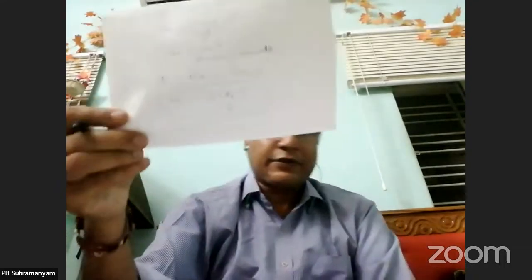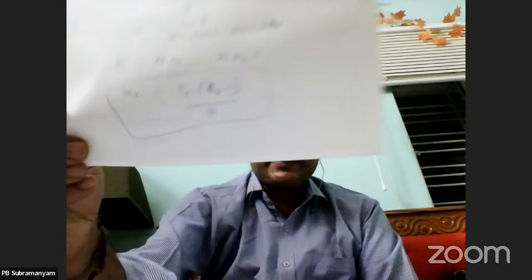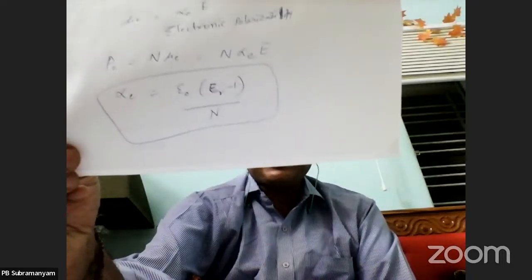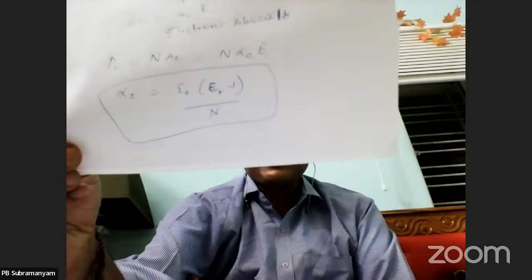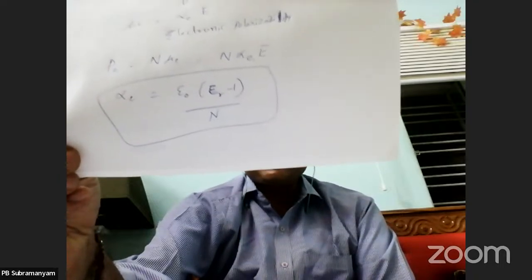After substitution and equating, finally you'll get alpha e is given by epsilon naught times (epsilon r minus 1) by N. This is the complete derivation of electronic polarization.